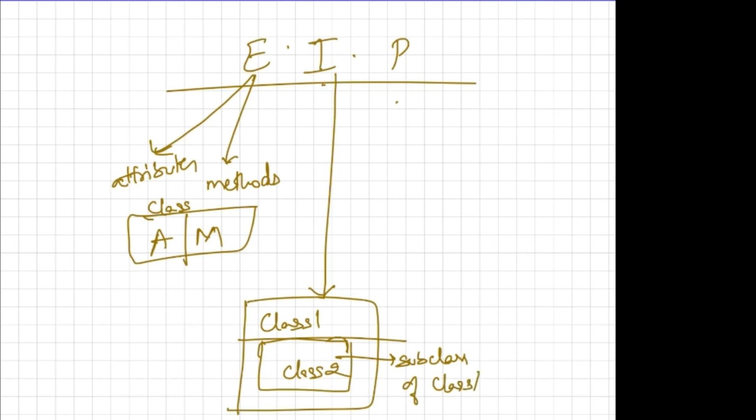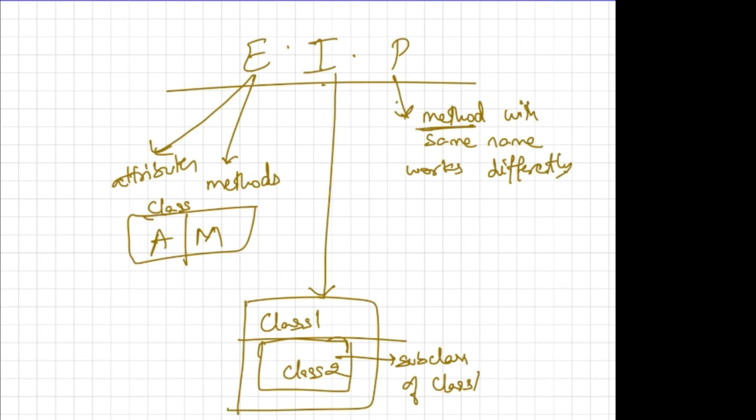So this is called inheritance. And then polymorphism is methods with the same name, which in the class are defined differently, but they work differently.